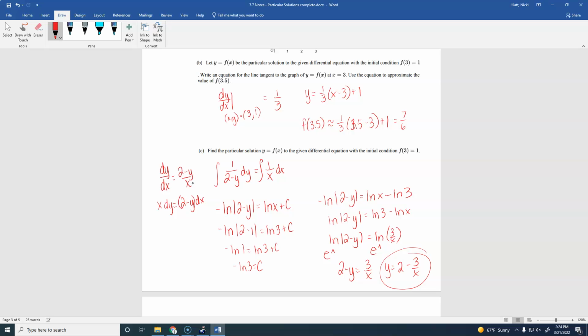And basically you're going to have to divide this side by x, and you're going to have to divide this by 2 minus y. So you end up with either dx over x, or you could write it as 1 over x dx. And over here you've got 1 over 2 minus y dy.